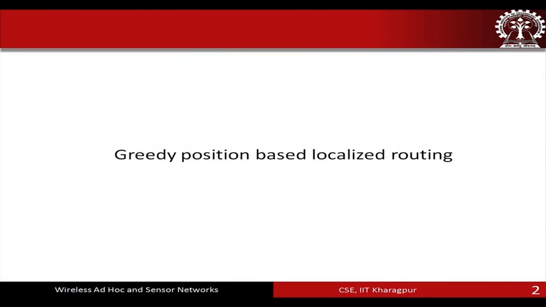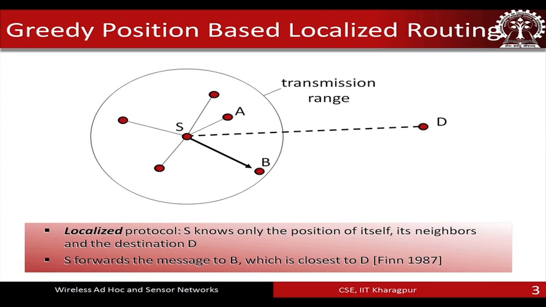So, first let us look at greedy position based localized routing protocols. As we can see in this diagram, we have a source node S and a destination node D. The transmission range of this source node is shown with the help of this unit disk graph, with this circle.